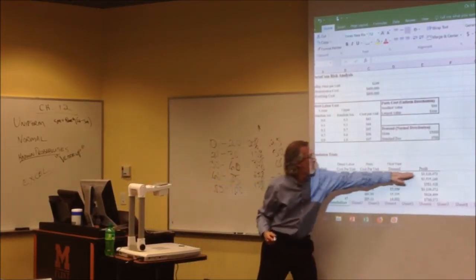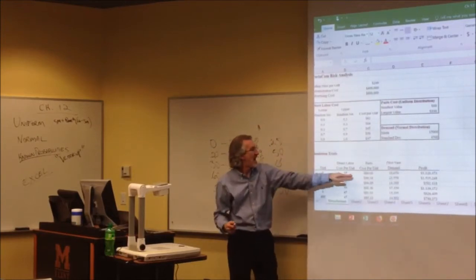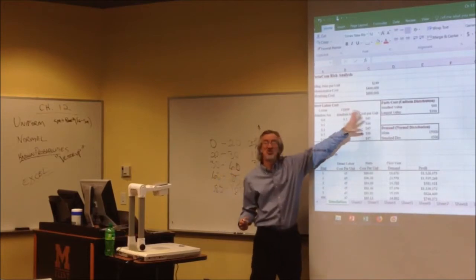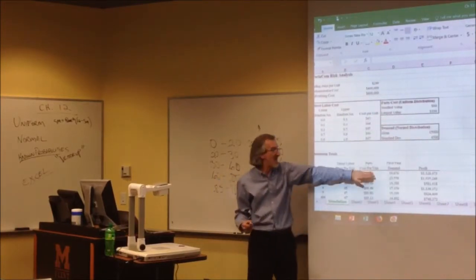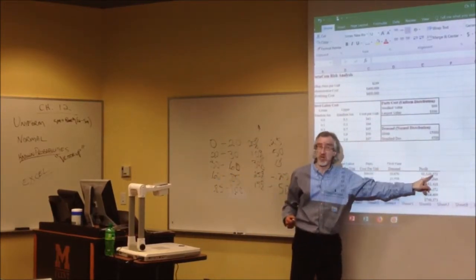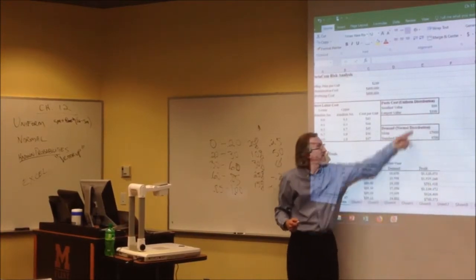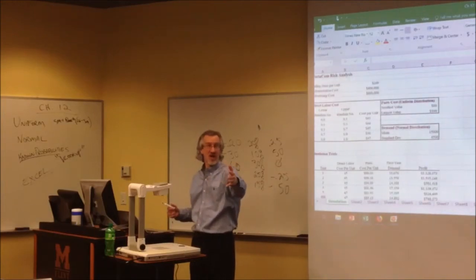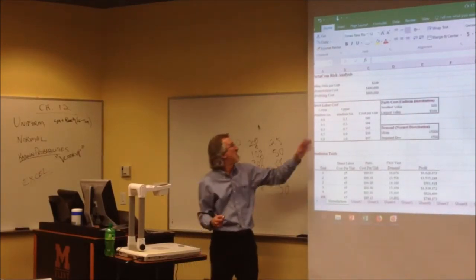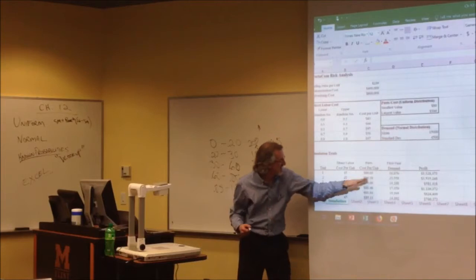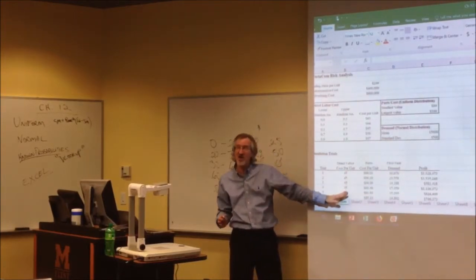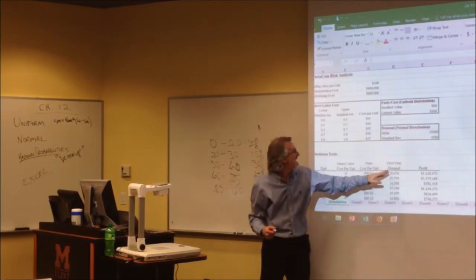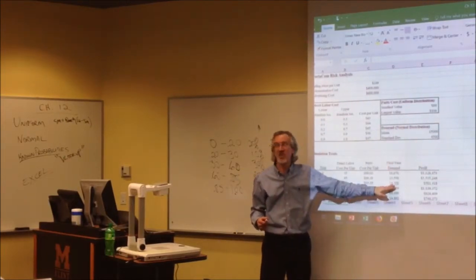Every one of these rows is a trial, meaning Excel is randomly picking the things you told it to randomly pick. And it's coming up with whether you're going to make money or lose money based on this combination of randomness. I call it the perfect storm when, somewhere in the simulation, it has labor at the highest cost possible, it has parts at the highest cost possible, and it has demand at the lowest possible.